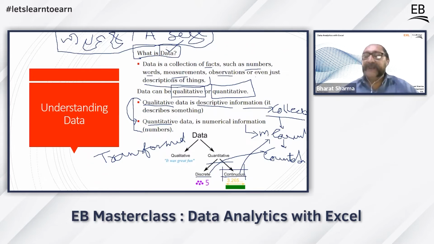Let's come out of this measurable and counted. We'll focus on the measurement right now. We're not focusing on count data, but on measurements. Continuous data is data that can be measured using an instrument.